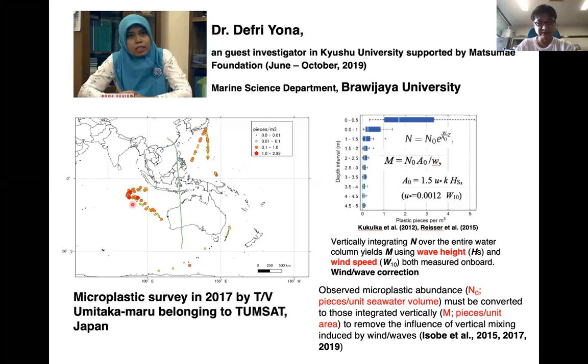The abundance is higher than the abundance around East Asia. So the abundance of the microplastic in the eastern part of the Indian Ocean is very large. We are very surprised by these large values.